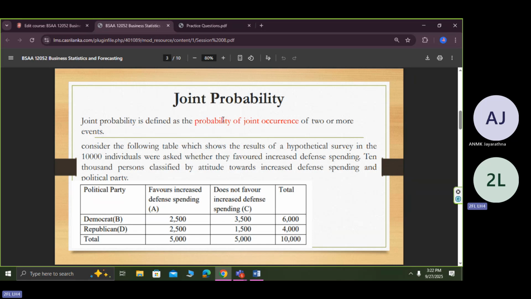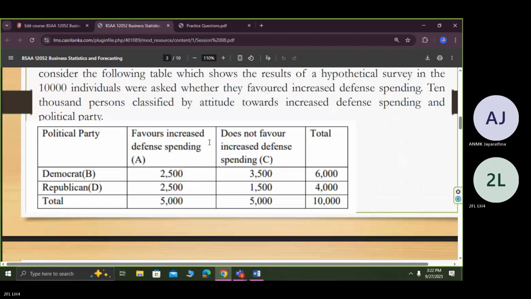Tell me how many respondents are Democrat and favor increased defense spending. How many? 2,500. This 2,500 is a number.